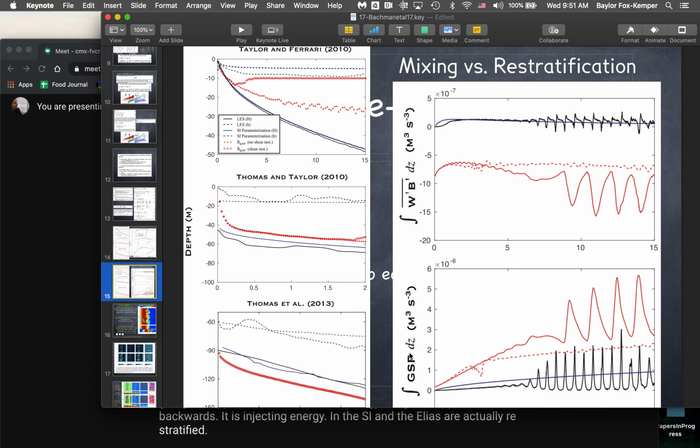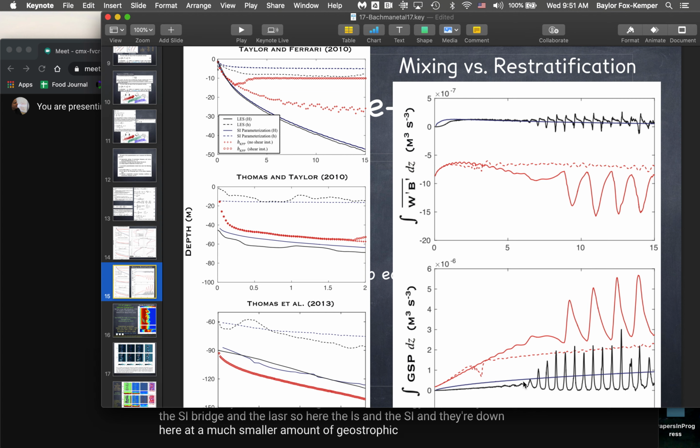Similarly, for geostrophic shear production, the KPP scheme is actually predicting too much mixing of the shear. It's extracting more energy from the shear than the SI and the LES are. So here's the LES and the SI, and they're down here at a much smaller amount of geostrophic shear production.